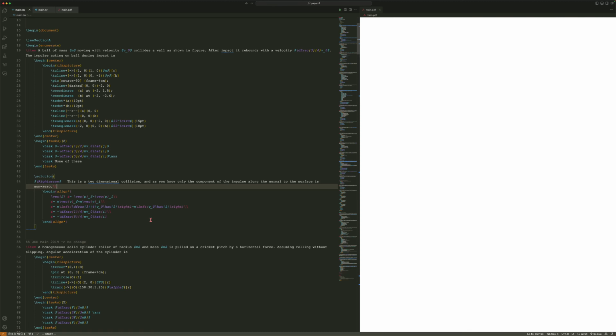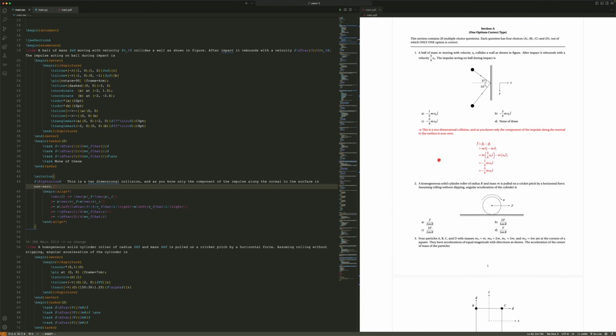And as you know, only the component of the impulse along the normal to the surface is non-zero.